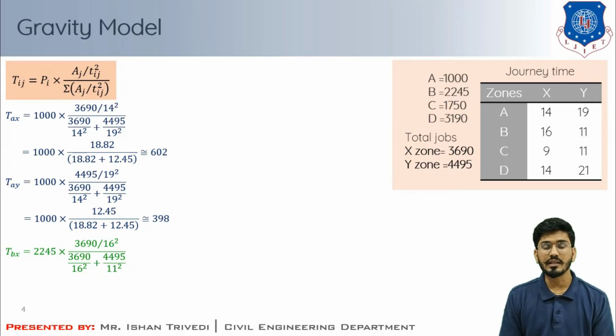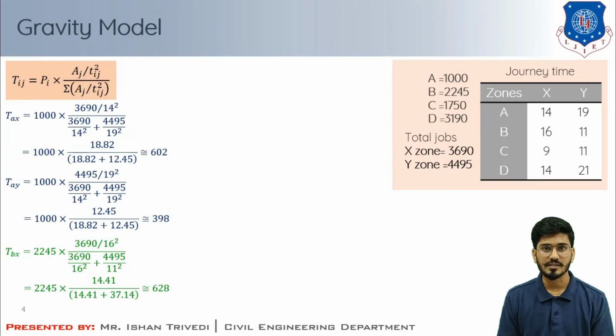For Bx I put the travel time between B and X, that is 16. Similarly, we have the values for the denominator, that is 3690 and 4495, and the travel times are 16 and 11. So by simplifying these, I'll get the answer, that is 628 trips between B to X.